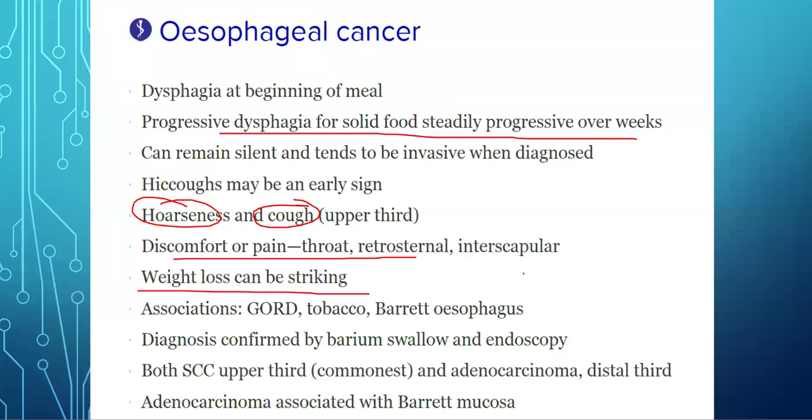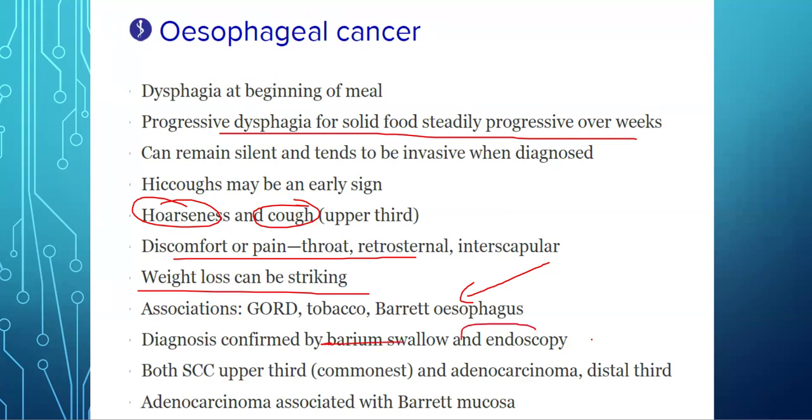Sometimes a question asks what is the most common cause of esophageal cancer. Previously, smoking was the main cause. Nowadays, it has changed. Nowadays, we say Barrett's esophagus is the most common cause of esophageal cancer, and after Barrett's, smoking. If you suspect esophageal cancer, what will be your investigation of choice?